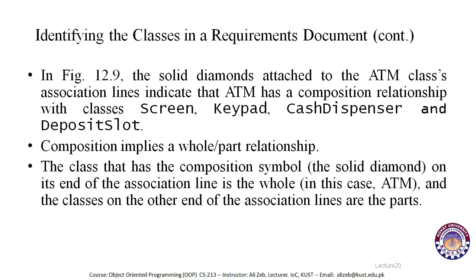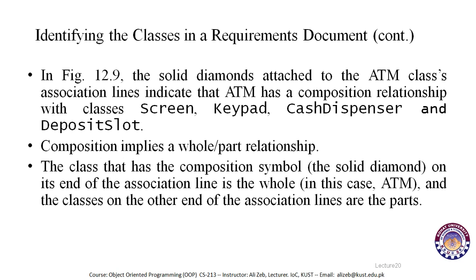The class that has the composition symbol, the solid diamond, on its end of the association line is the whole. In this case, the whole class is ATM, for example, and the classes on the other end of the association lines are the parts. So in simpler terms, the ATM class can exist without the other classes, but the other classes are part of the ATM.